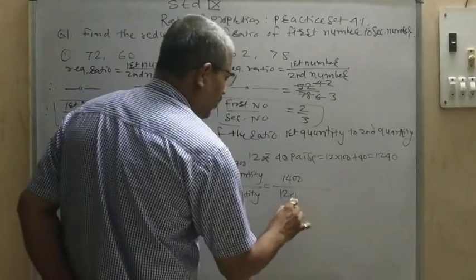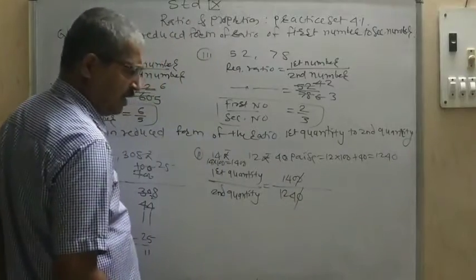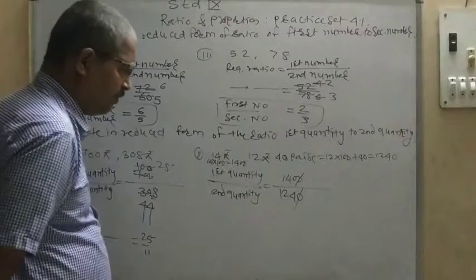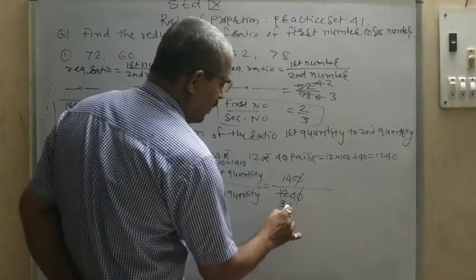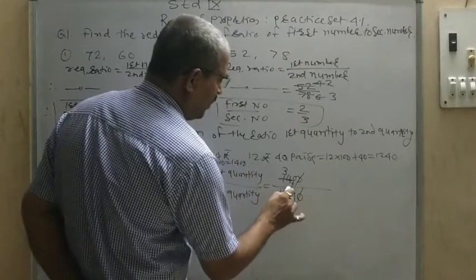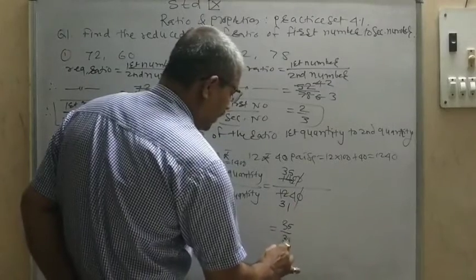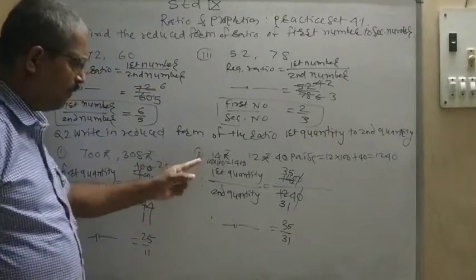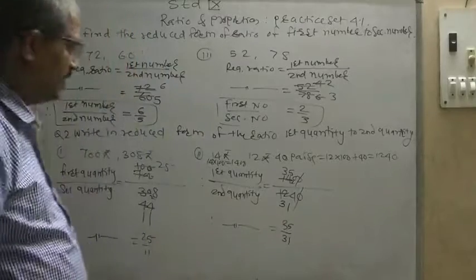So here I will write 1240. Now this 0 is cancelled. Now by which table can we divide? Can we divide by the 4 table? Yes, 4 3s are 12, 4 1s are 4. Now 4 3s are 12, 2 remaining, 4 5s are 20, means 35 paise upon 31 paise is the answer of the ratio of 14 rupees to 12 rupees 40 paise.